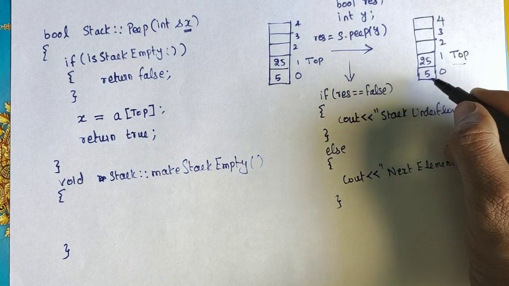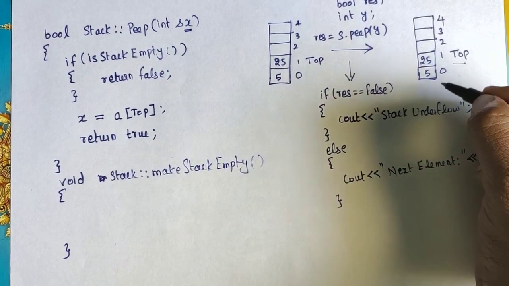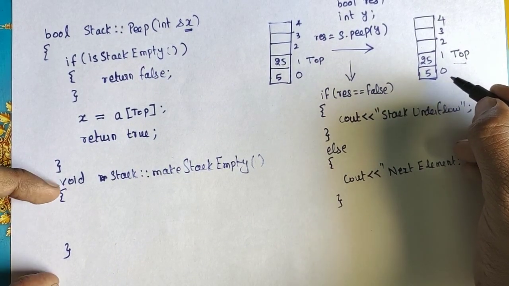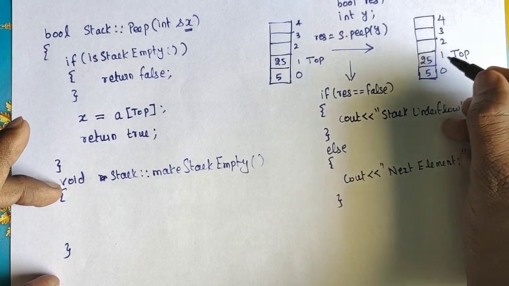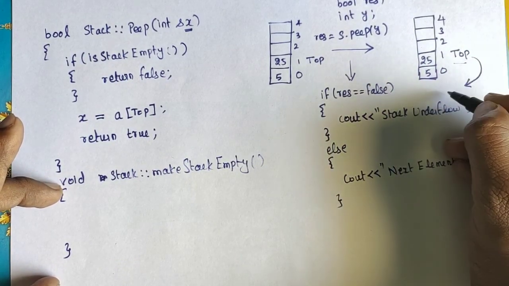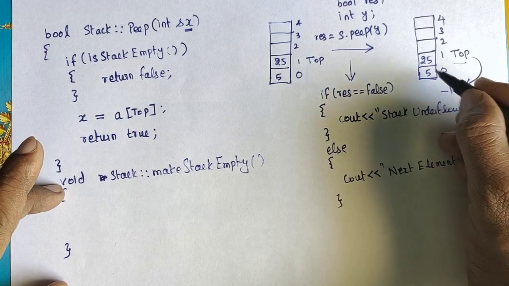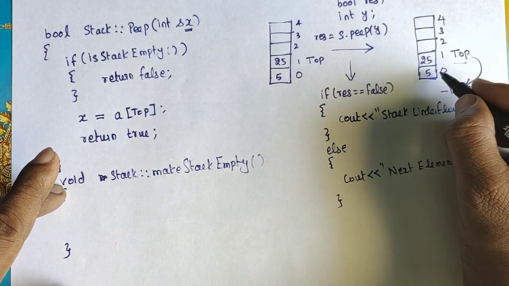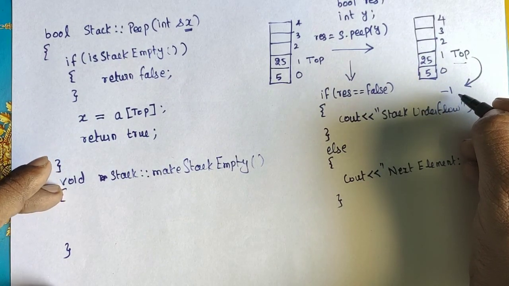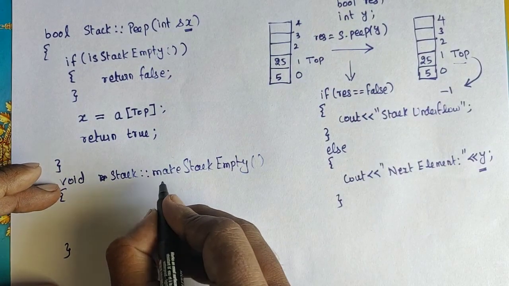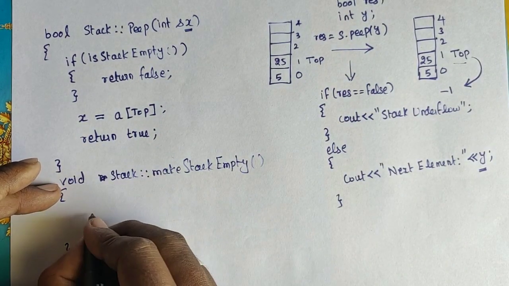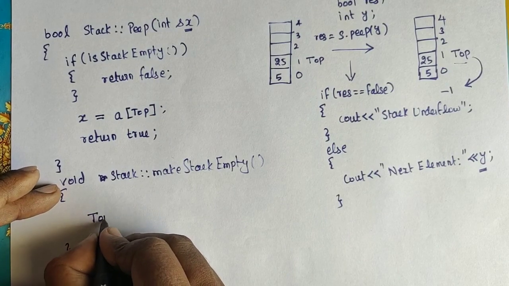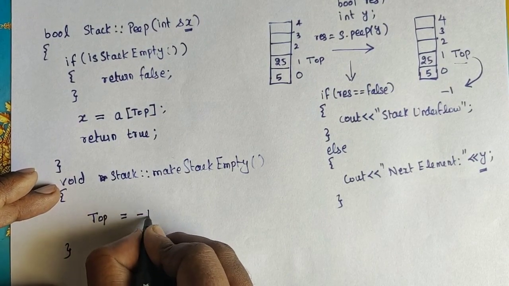So if you want to suddenly, logically delete all the elements from the stack, here if you move the top from 1 to -1, then what is happening? Logically, all elements get deleted. The stack will become empty. So a simple operation to make the stack empty means just move the top to -1. That's all.